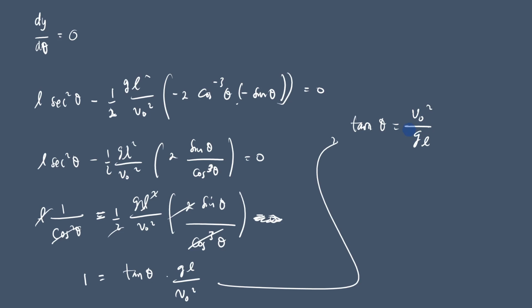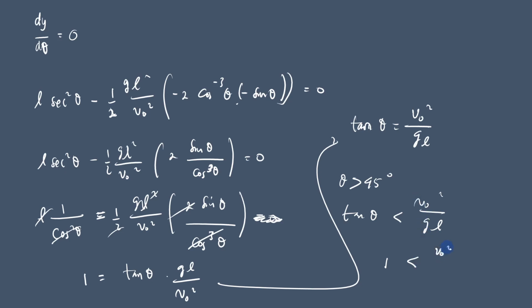Note that the condition L less than V0² divided by g implies that θ is bigger than 45 degrees. So tan θ is greater than 1, and tan θ equals 1 is the minimum value of tan θ under this condition, of course.